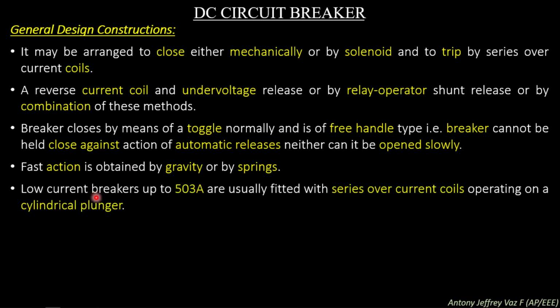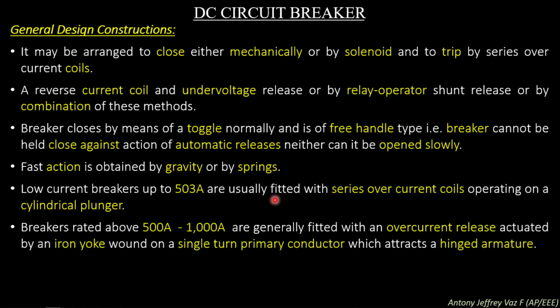Low current breakers up to 500 amperes are usually fitted with series overcurrent coils operating on a cylindrical plunger. So lower values of breaker below 500 amperes will be provided with a series overcurrent coil, and this coil will be operated using a cylindrical plunger.